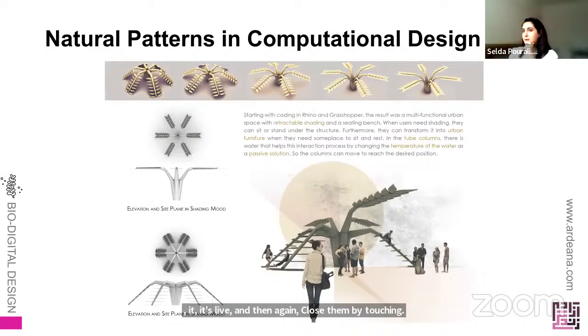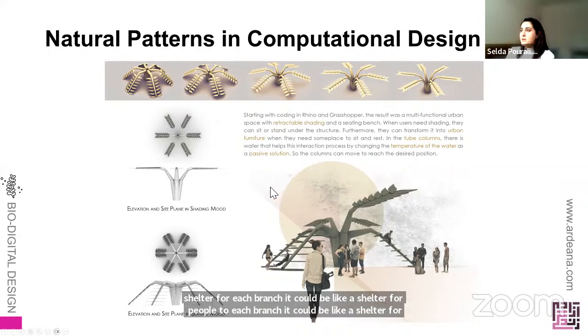So I was thinking how we can use this in our design for a very quick city shelter. In this form, when it was open, it could be like a branch for people to sit. And when it was closed, each branch could be like a shelter for people to just stand under. So yeah, as you can see, it was very quick.